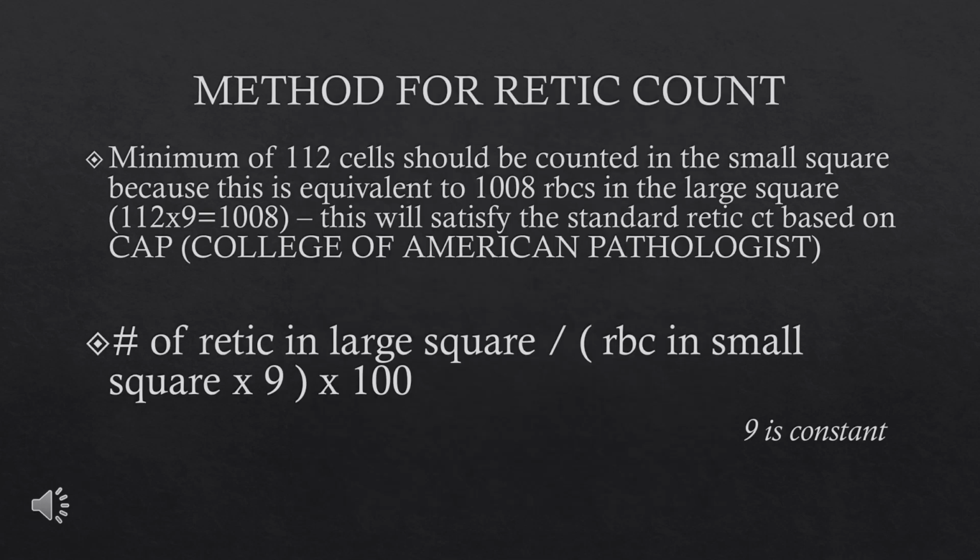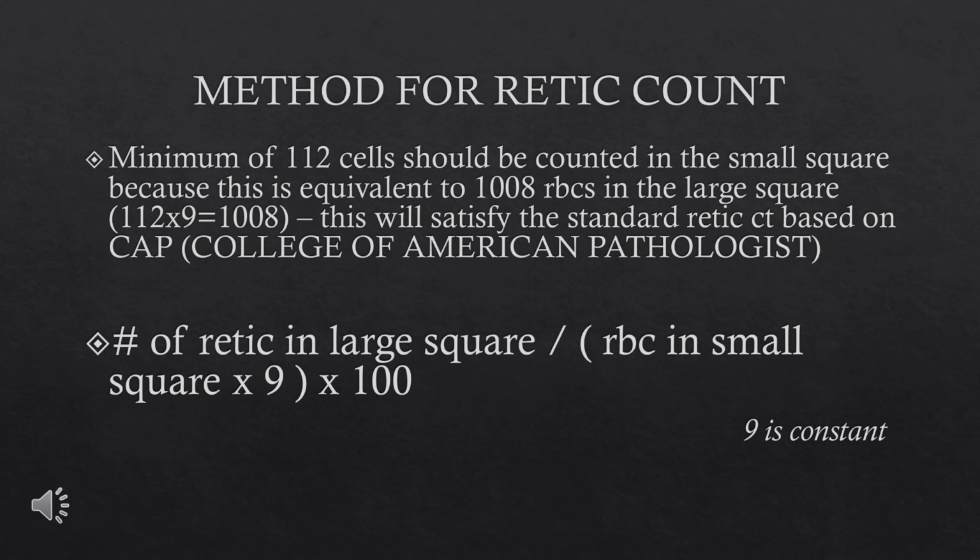So a minimum of 112 cells should be counted in the small square because this is equivalent to 1008 red blood cells in the large square. Once you compute it, 112 times 9 equals 1008 red blood cells. Again, what do we need? We need to observe 1,000 RBCs, right?